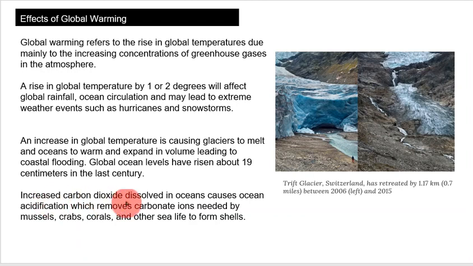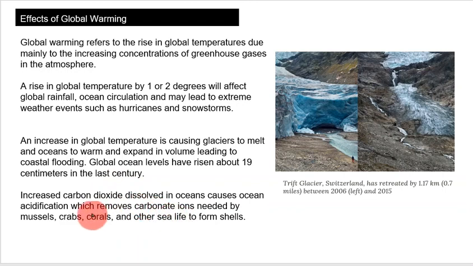Increased carbon dioxide dissolved in oceans causes ocean acidification, which removes carbonate ions needed by mussels, crabs, coral, and other sea life to form shells. So again, this excess greenhouse gas, like carbon dioxide, starts to get dissolved into the sea, and that changes the chemistry of the sea.